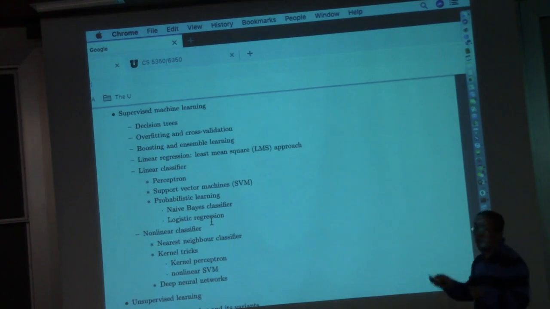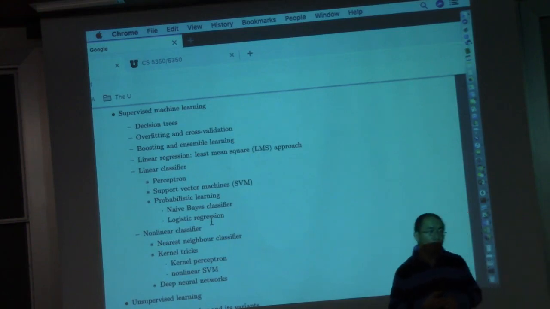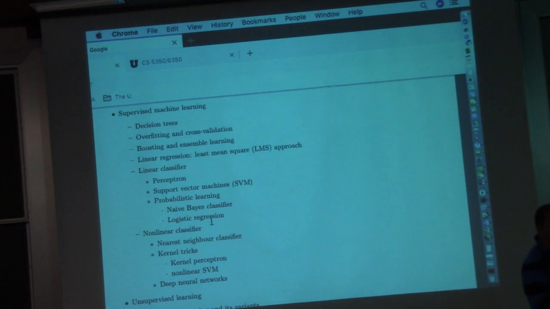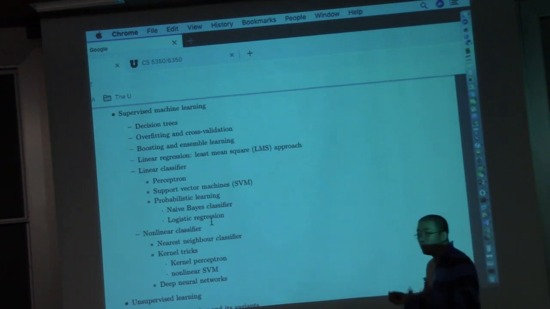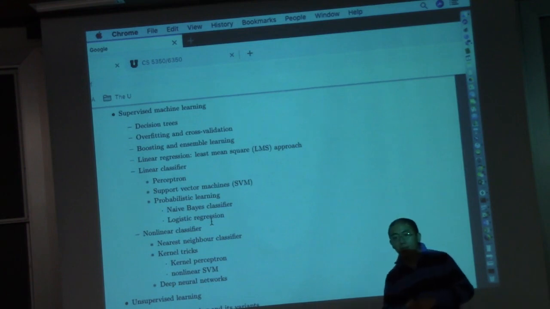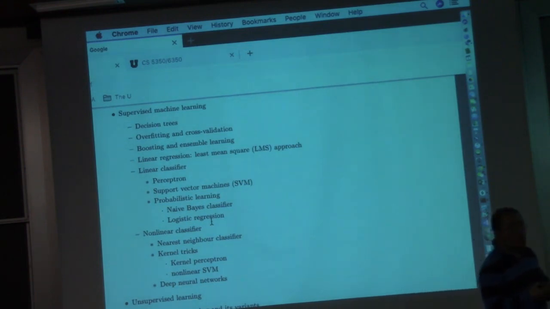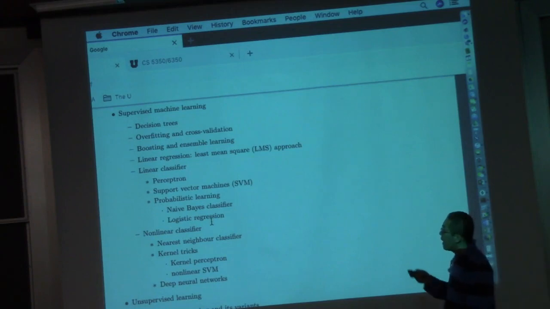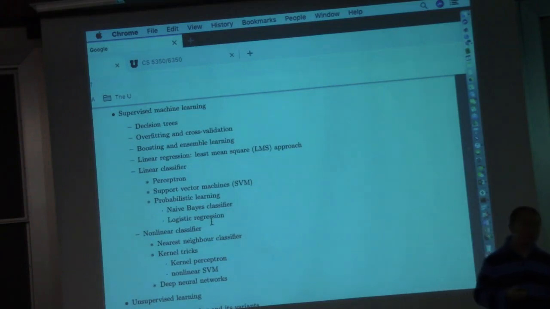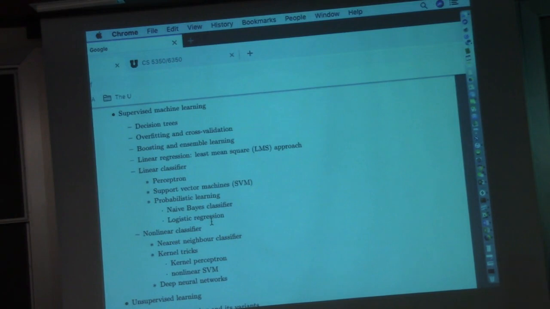And then we'll introduce linear classifiers. Why do we start with linear models? Because they are easy to analyze and easy to get theoretical guarantees. So we start with the classical perceptron algorithm and then support vector machines, and talk about large margin classifiers.